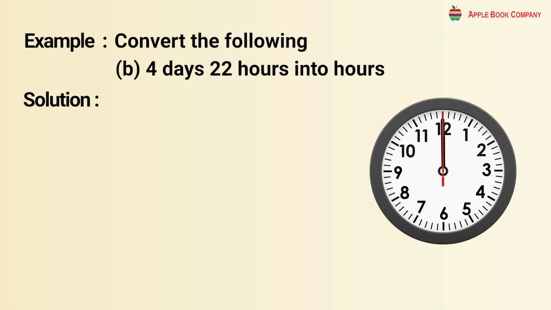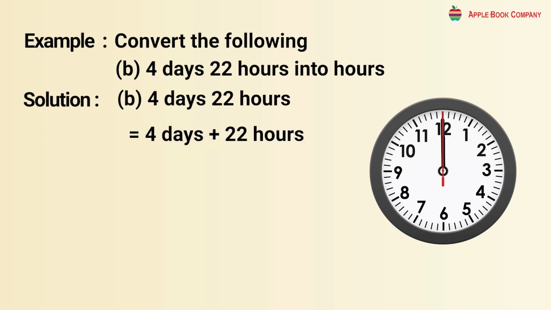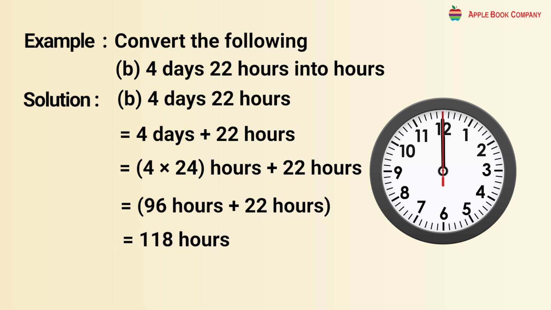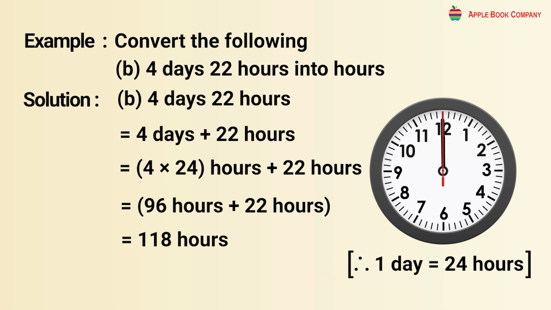B) 4 days 22 hours into hours. 4 days 22 hours equals 4 days plus 22 hours equals 4 into 24 hours plus 22 hours equals 96 hours plus 22 hours equals 118 hours, since 1 day equals 24 hours.